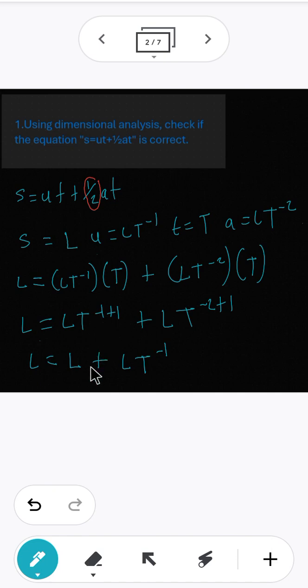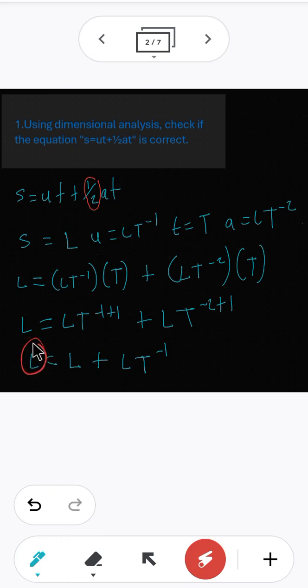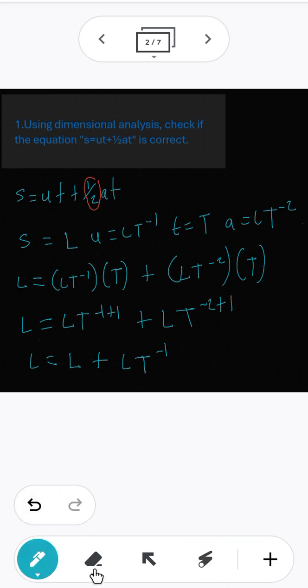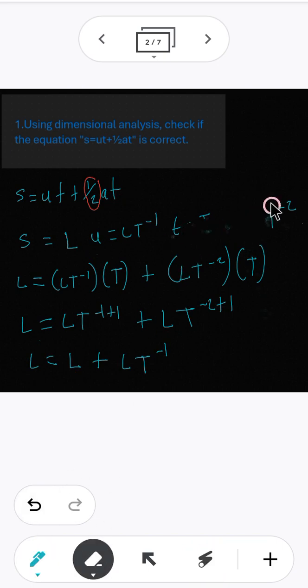Now we have come to the end of the dimensional analysis. From our dimensional analysis, we can see that the first quantity, the dimension is L, second L, third is LT minus 1, meaning this equation is wrong, you can't use it. Do you understand? Now the correct equation, we're going to solve this again.